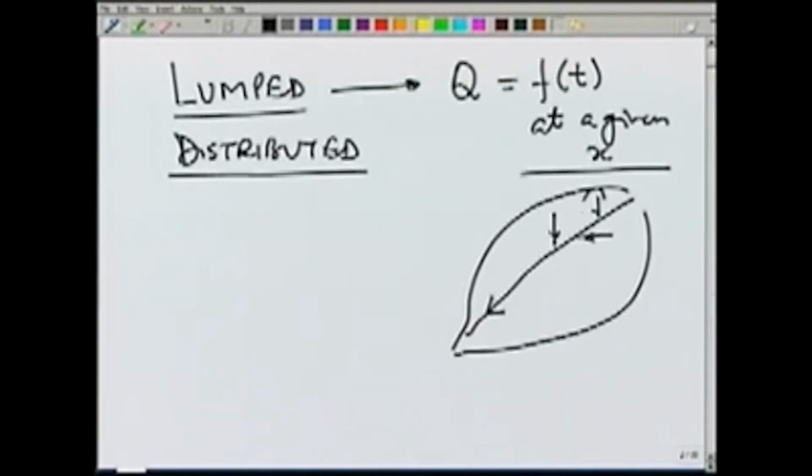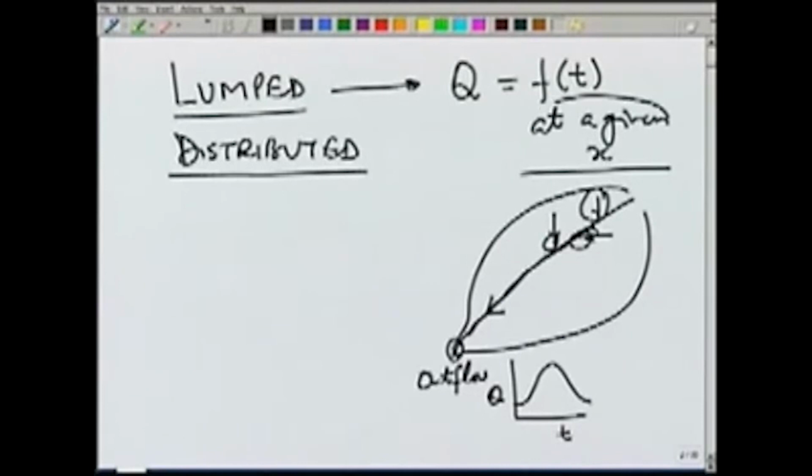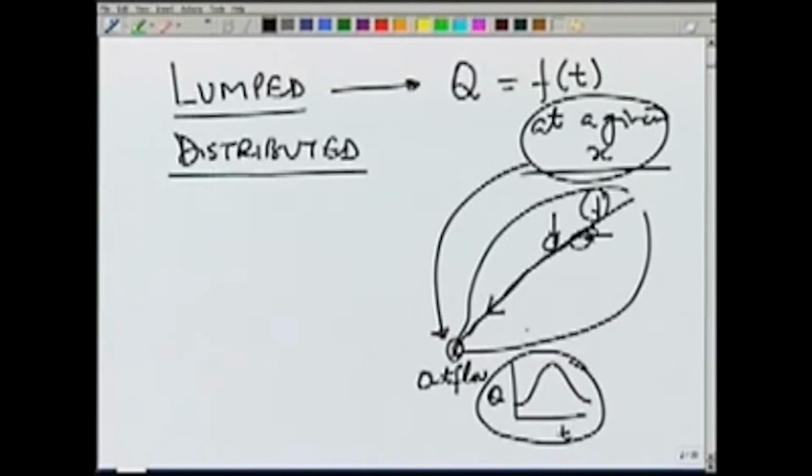So, for the tributaries, suppose we know the hydrographs and all these hydrographs are routed to the outflow point. So, at this point if we find out outflow versus time, then we are considering only one point at particular x. So, given x would be this point and what we want is Q versus time. So, this would be a lumped routing.